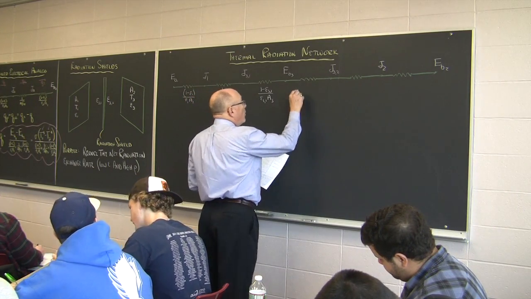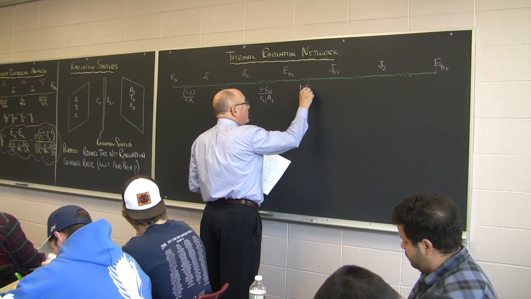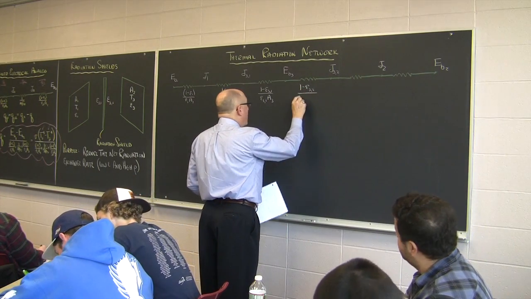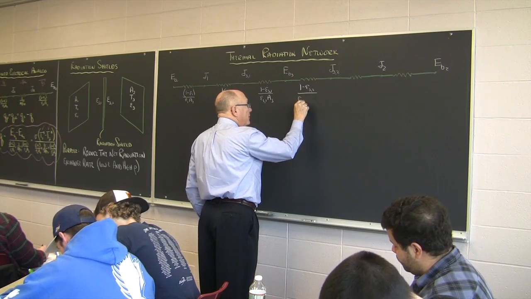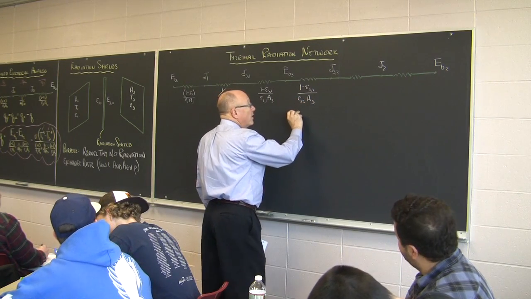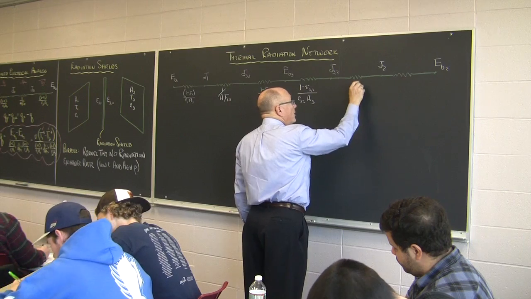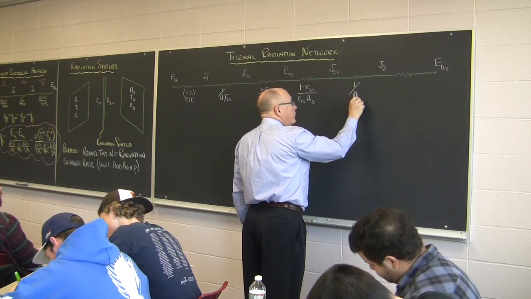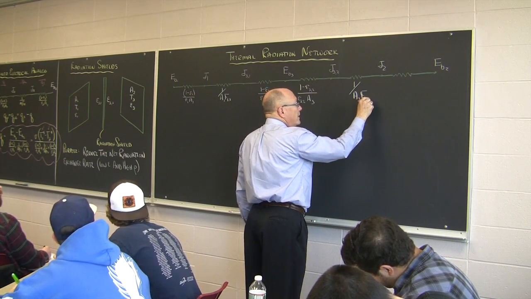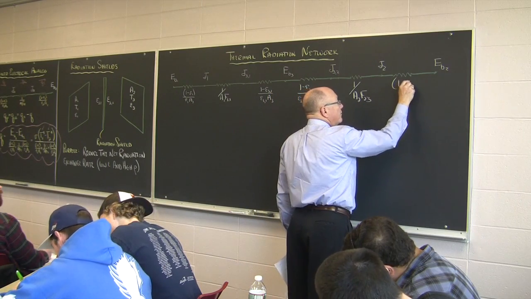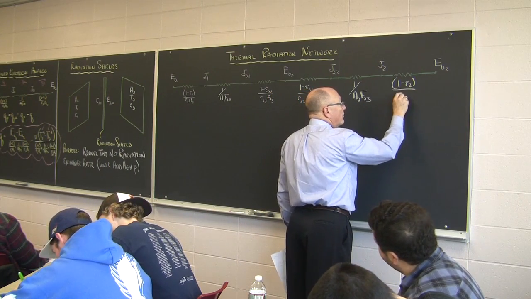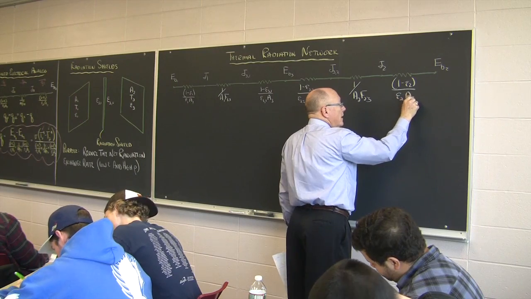We'll have (1 minus epsilon 3,2) over epsilon 3,2 A3 on this side. Then we'll have 1 over A2 F2-3, and then (1 minus epsilon 2) over epsilon 2 A2.